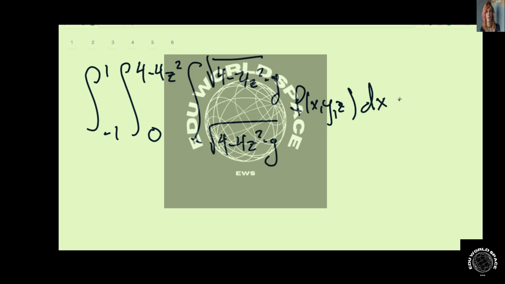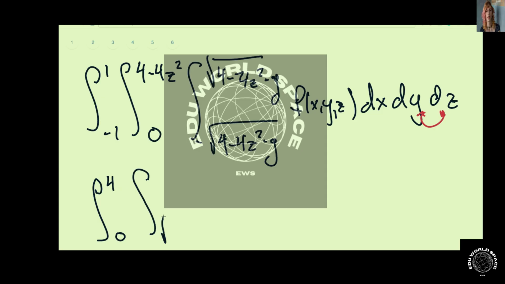We do dx, then we do dy, and then we do dz. So switching these two, we just have to switch from region 1 to region 2. So doing that, we're going from 0 to 4.